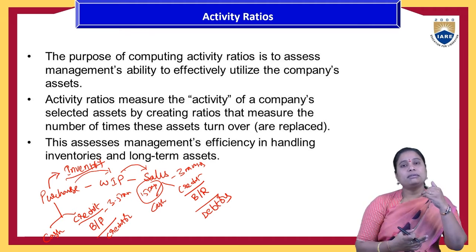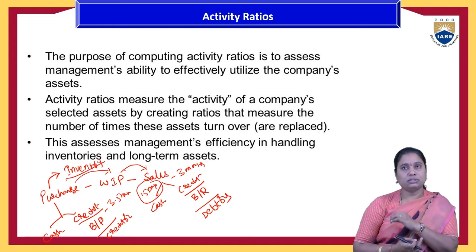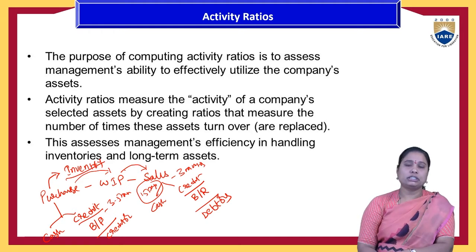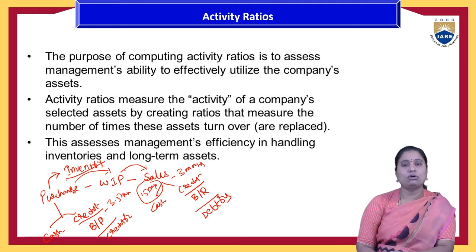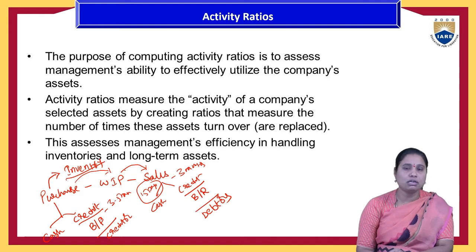Like this, we can analyze operational efficiencies with the help of the activity ratio. No doubt, for the activity ratio also, the analyst must have knowledge of the trading account, profit and loss account and balance sheets of the organization.